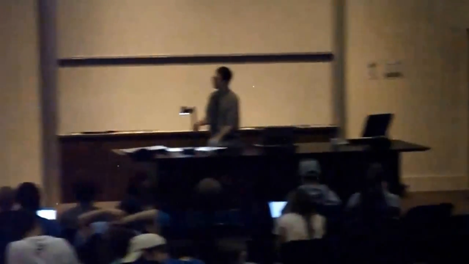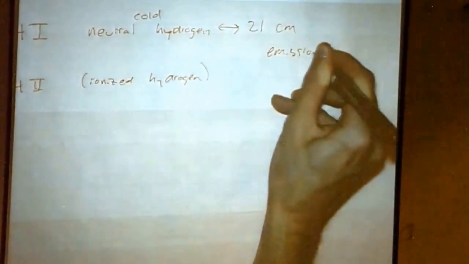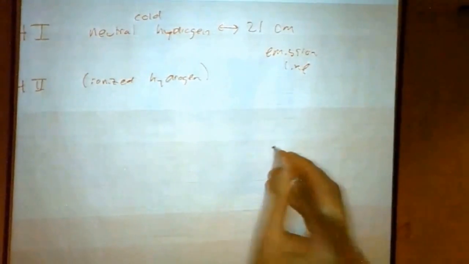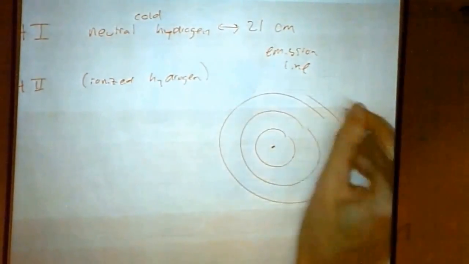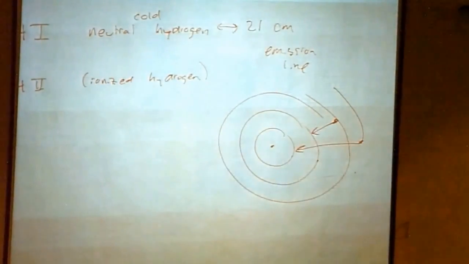To understand this, it's a 21 centimeter emission line. Now we've talked about emission lines already in the optical, infrared, and visible due to atomic transitions. If you're hopping from here to here, here to there, that gives off an emission line.